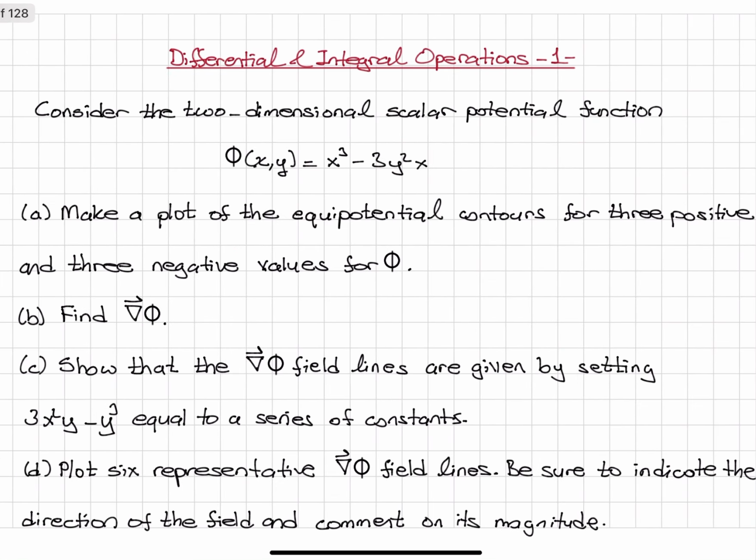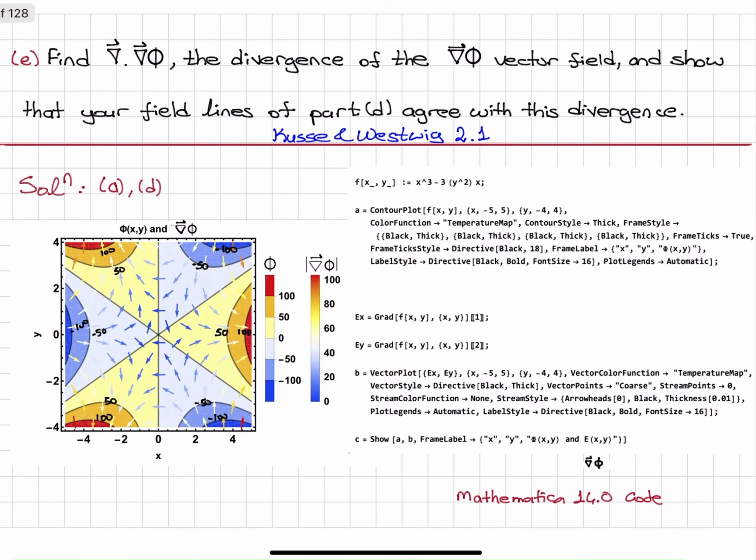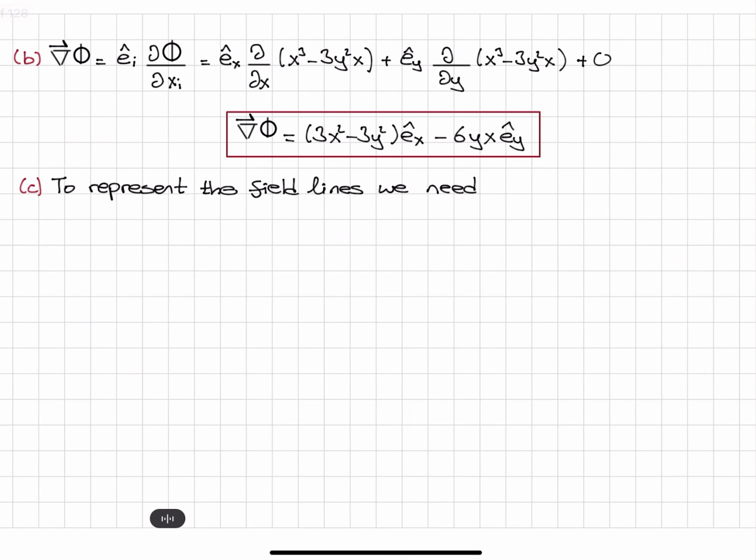Let's look at part C. Show that the gradient of phi field lines are given by setting 3x squared y minus y cubed equal to a series of constants. So how do we find the gradient of phi field lines? So that's the question.